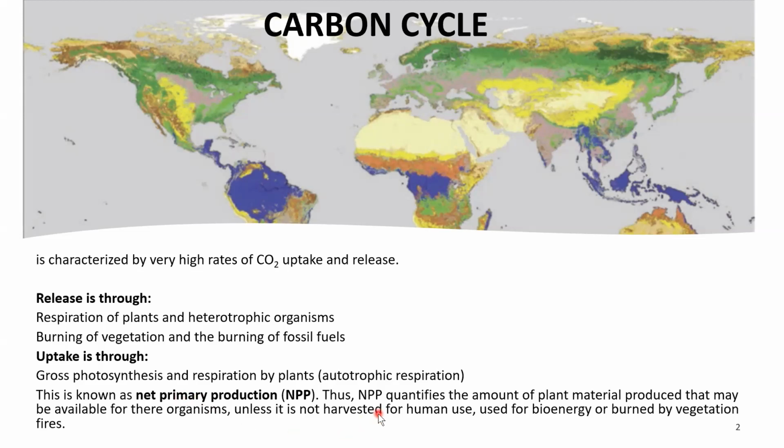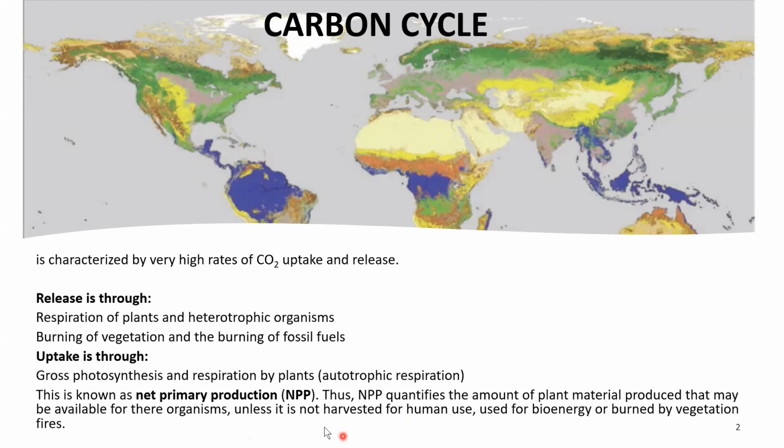Thus, NPP quantifies the amount of plant material produced that may be available for other organisms, unless it is harvested for human use, used for bioenergy, or burned. So it means that naturally the carbon dioxide keeps the balance.